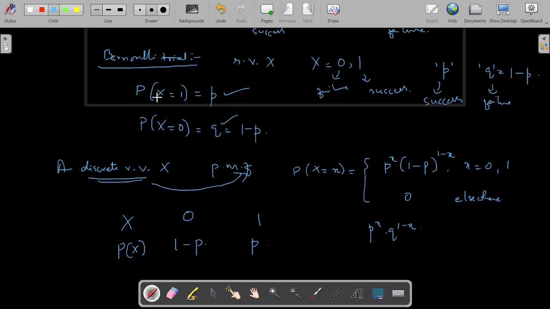The discrete random variable takes only two values, 0 and 1. 0 is for failure and 1 is for success. To count, the number of successes is 1 here, and 0 here. So the probability is given by P of x equal to 0 as q and P of x equal to 1 as p. And this Bernoulli trial is used only for a single trial.